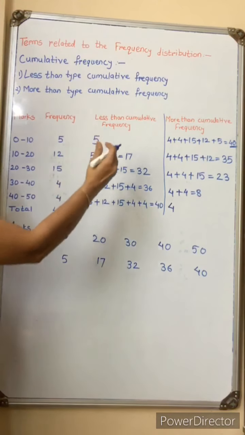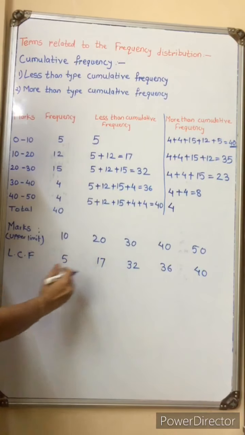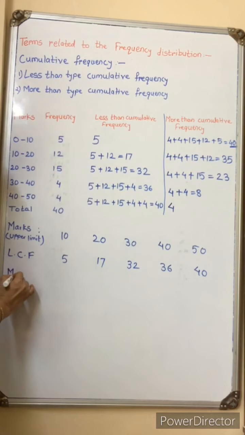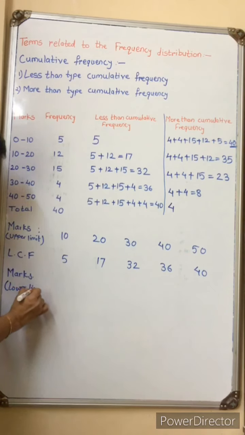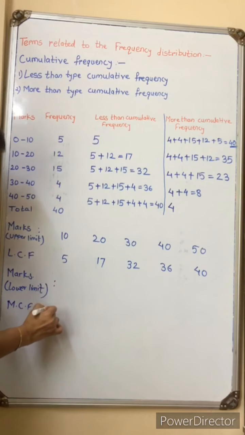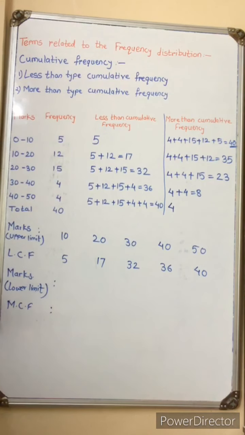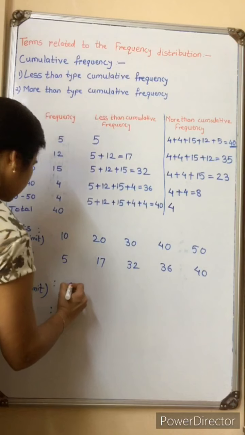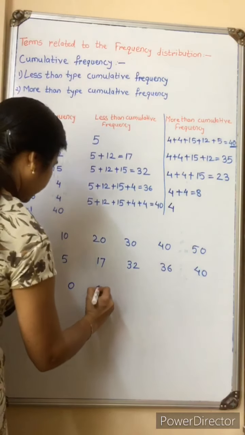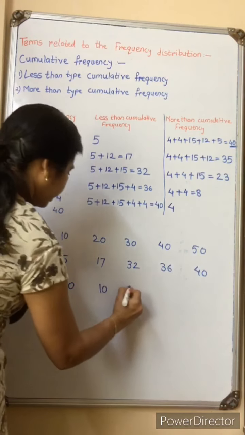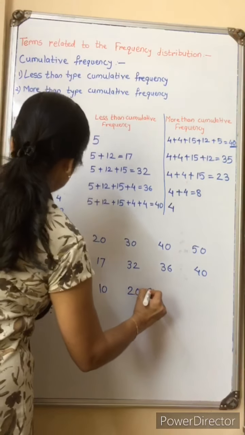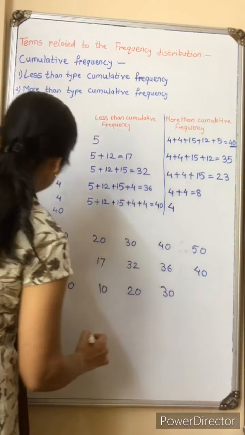Now for more than cumulative frequency, just like I make a table, in marks I always consider the lower limit. So the lower limits are 0, 10, 20, 30, 40.